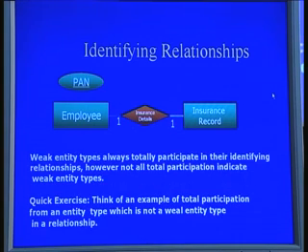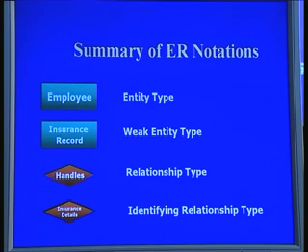Okay, so let us briefly go through a summary of the different notations we saw. The first thing that we saw was an entity type, defined by a box, and a weak entity type which is defined by a dotted line, which is not clearly visible here.